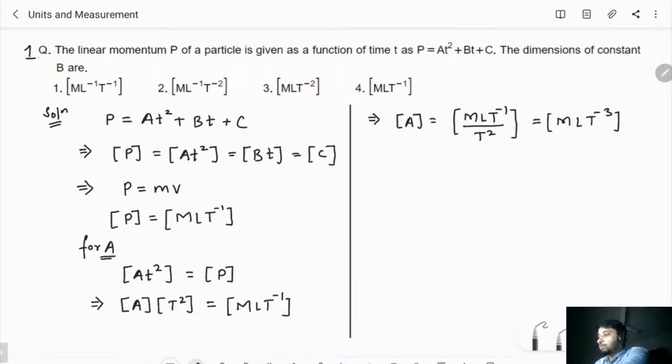So the dimensional formula for A is M L T to the power minus 3. Fine. So here we got the dimensional formula for A.